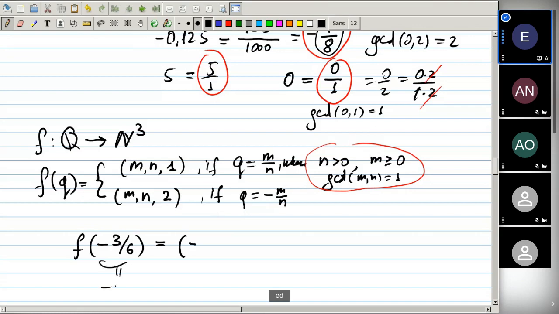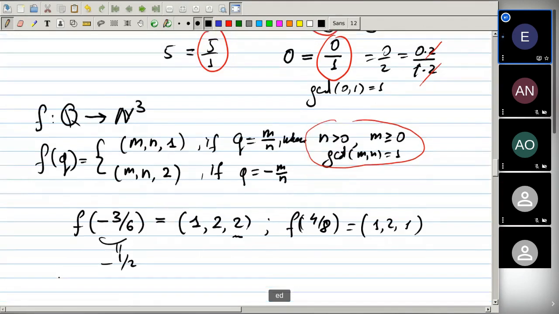This is, of course, minus 1 over 2, so 1, 2, 2. 2 is for sign. And say 4 over 8. What is it? It is still 1, 2, but here we have 1 because it is positive. Is it clear?